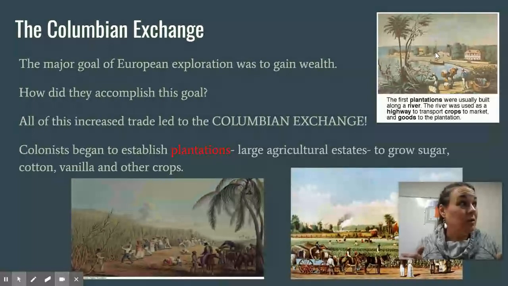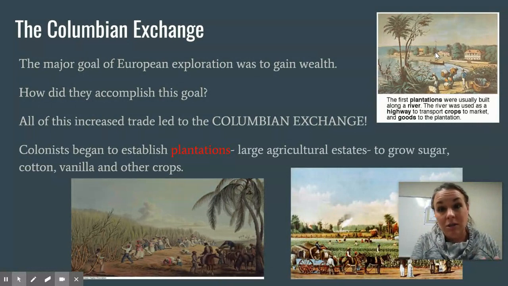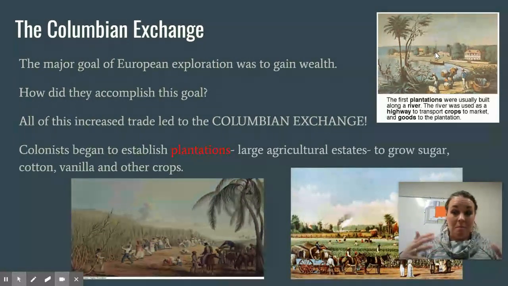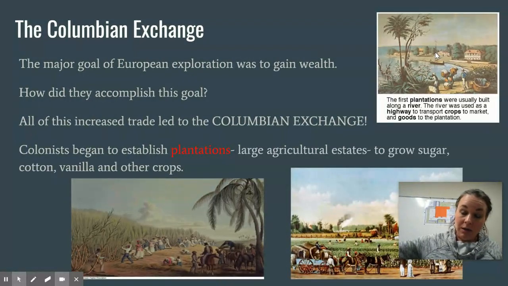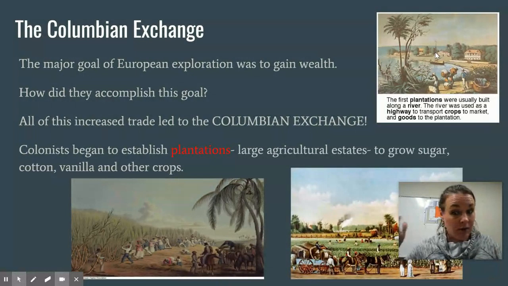But then also, the creation of plantations, so mass producing all of these new agricultural goods. As we all know, of course, here in the United States, cotton becomes king, tobacco becomes king. Prior to that happening in the southern portion of the United States, you have it happening all in the Caribbean and in South America as well. And in addition to cotton and tobacco, you have sugarcane and vanilla and all kinds of other products.